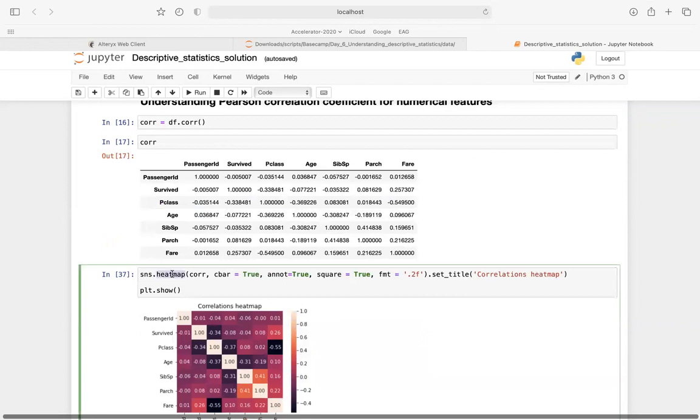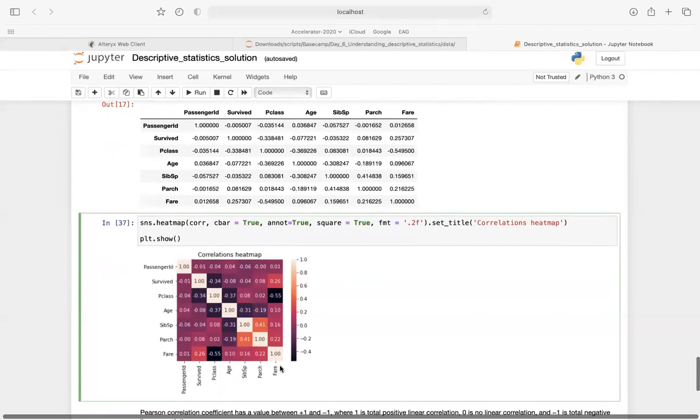Heat map is one of the plots available under the Seaborn library. So sns.heatmap, and I provide this matrix as the first argument. The result that I get is something like this. It is again an n by n matrix, and every cell has a number.